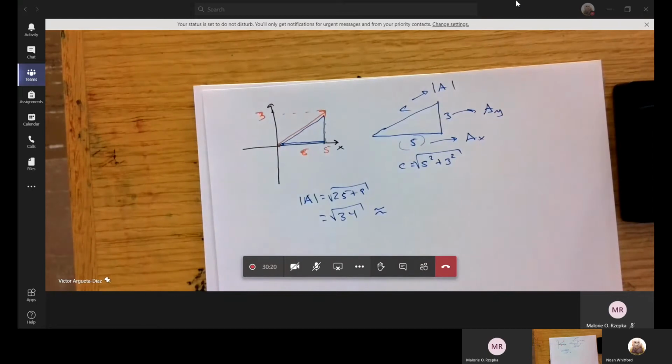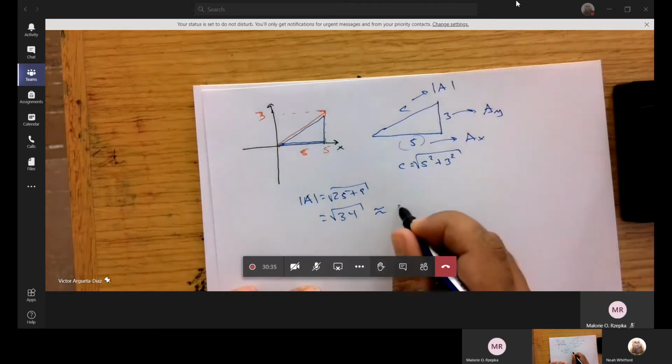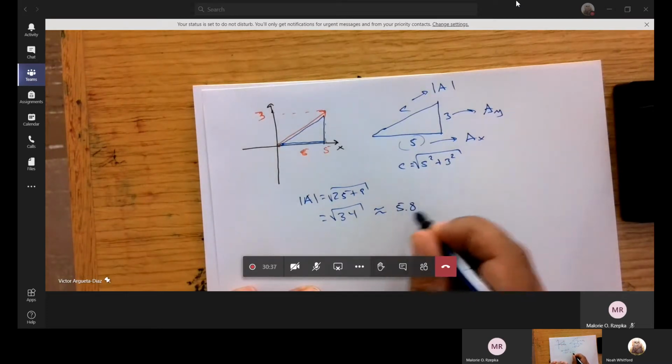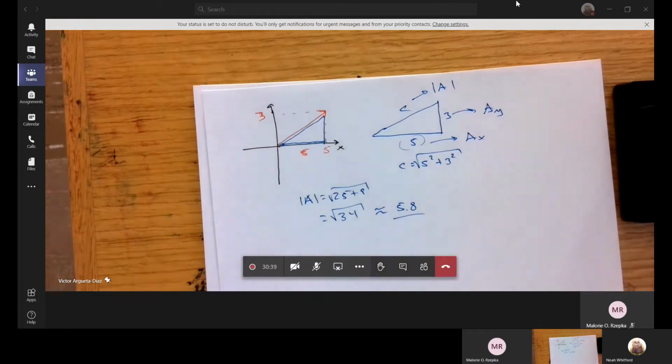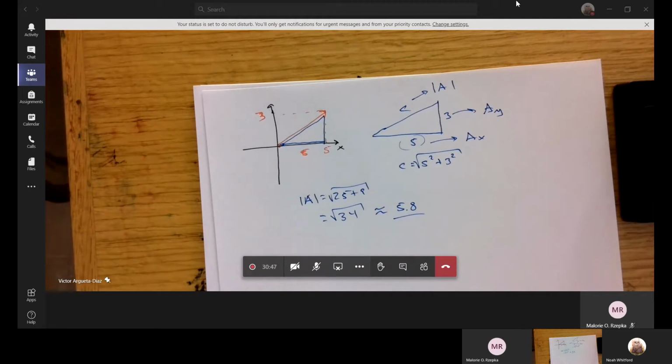I mean, it's going to be close to 6, like 5.8. Okay, so that's the magnitude of the vector. Make sense?